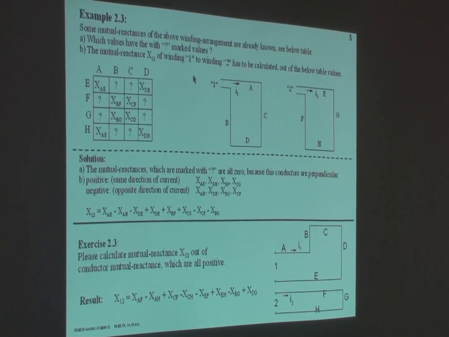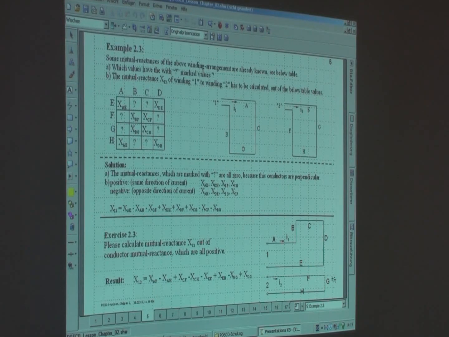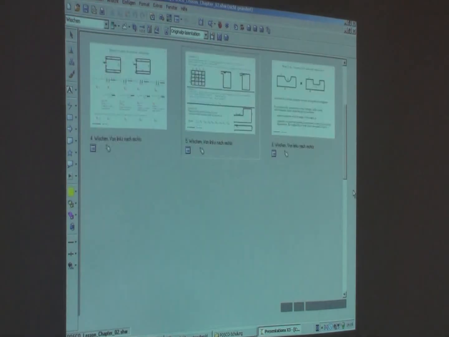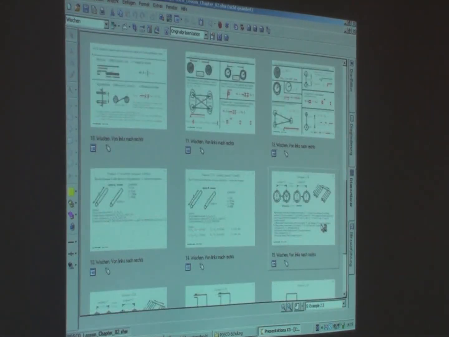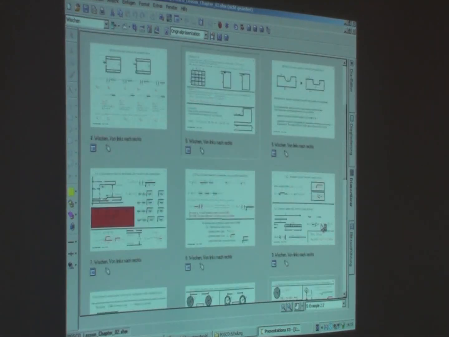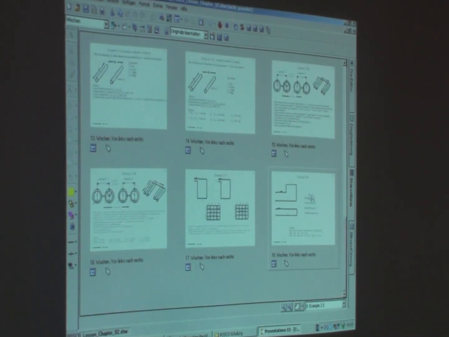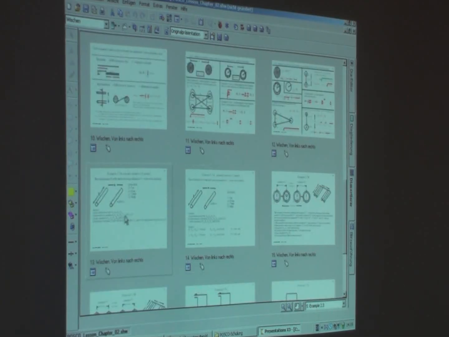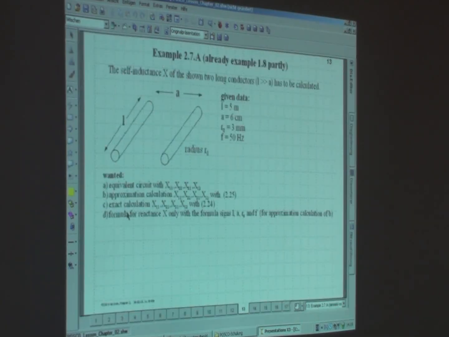Now we have to calculate XAA and XAB. Where do we get this from? We have to look at the formulas which we can use. What formula can we use? We look at the problem here.